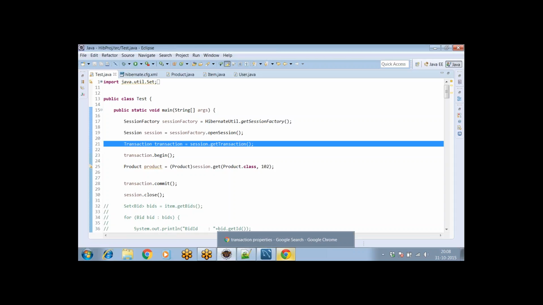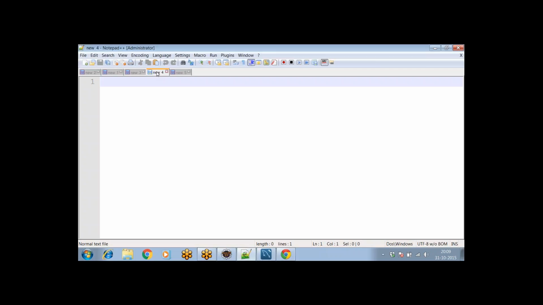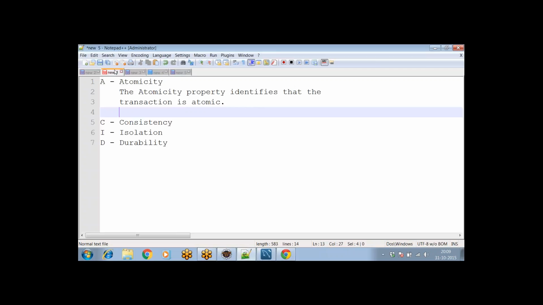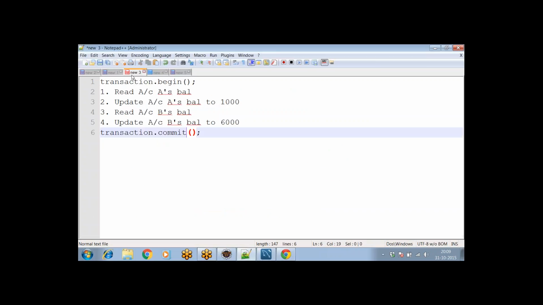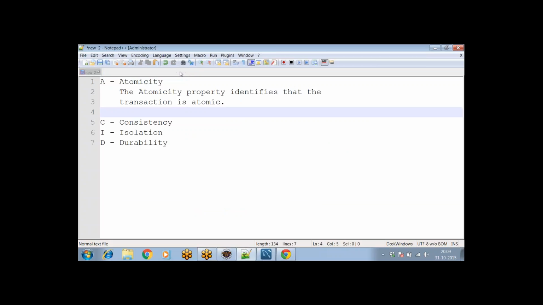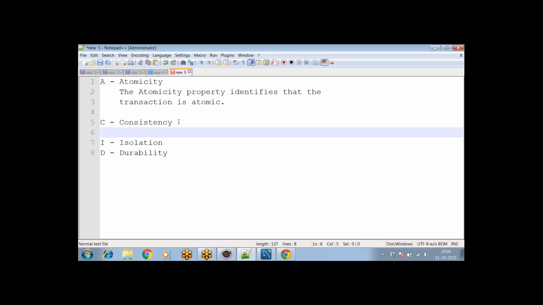Fine. Next, what is the next property here? Let's see. Consistency. Any idea about consistency? Can you people talk about consistency here?